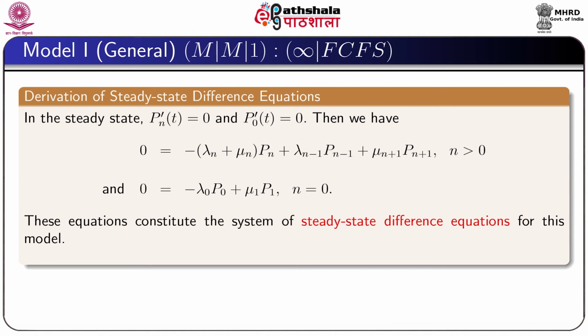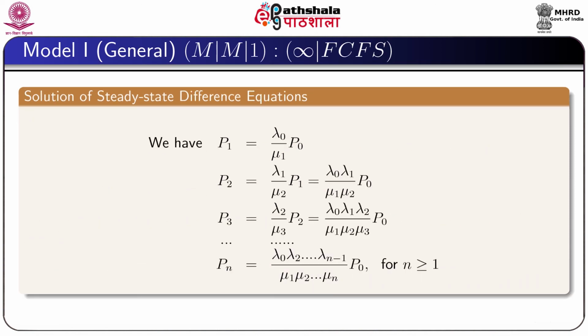Therefore, substituting these values in the above equations, we get 0 is equal to minus (lambda n plus mu n) into p n plus lambda n minus 1 into p n minus 1 plus mu n plus 1 into p n plus 1, where n is greater than 0, and 0 is equal to minus lambda 0 p 0 plus mu 1 into p 1 for n equal to 0. These equations constitute the system of steady state difference equations for this model.